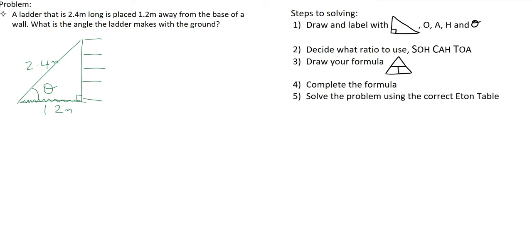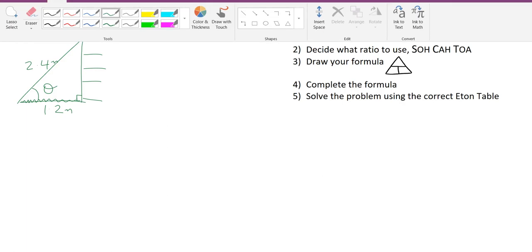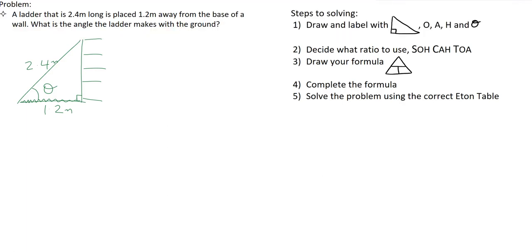First step is to draw and label the triangle. Boom, done that. Label O, A, and H. Does anyone remember what O and H stood for yesterday? Hypotenuse. Yeah, she's a tricky one. So which is the hypotenuse in this particular problem?